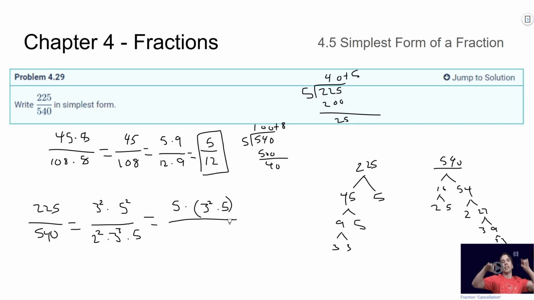So here I'm going to have 2 squared times 3 times 3 squared times 5. I took 2 of the 3's out, and I took the 5. Now we can see that these will cancel out, and we're left with 5 over 2 squared times 3. 2 squared is 4, times 3 is 12. That's 5 over 12. That's another way to do it.